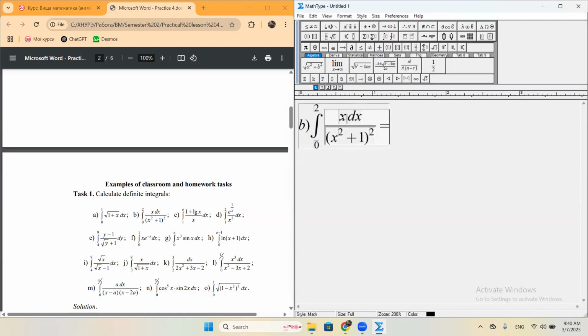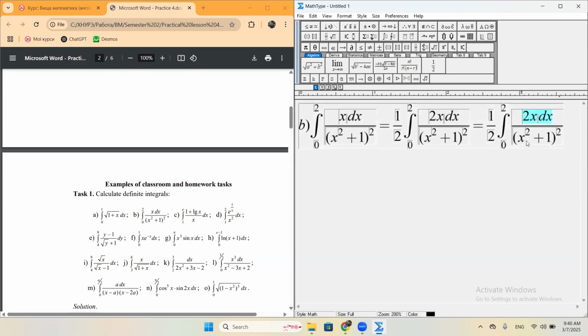In the numerator, we have the differential of this expression, so half of the differential. In detail: 1 over 2, and here 2x dx. So now I can write the numerator as a differential of this expression.